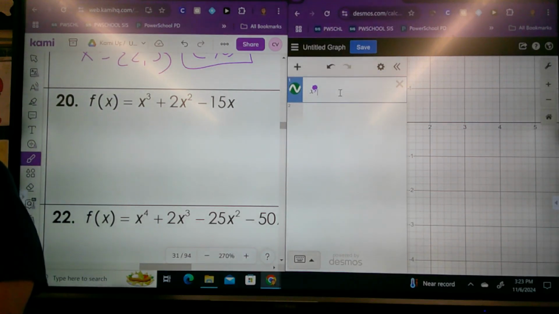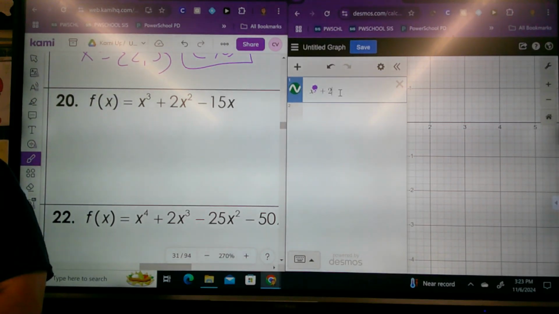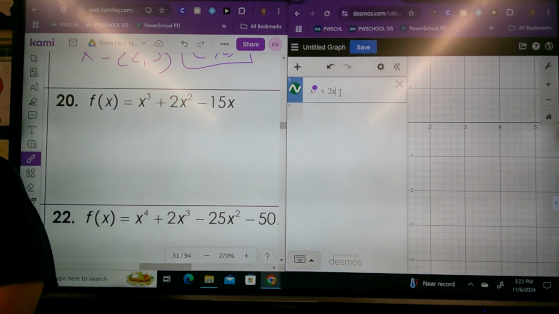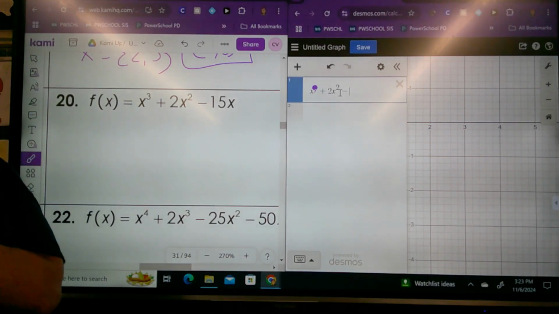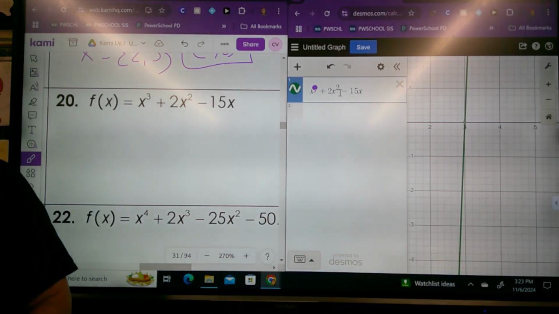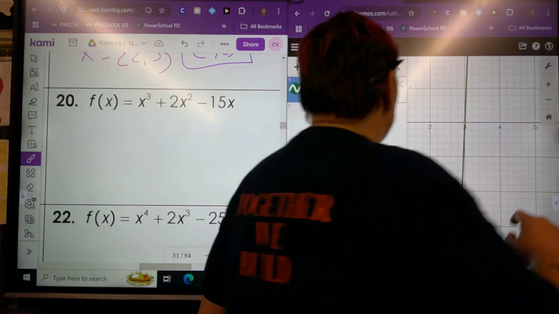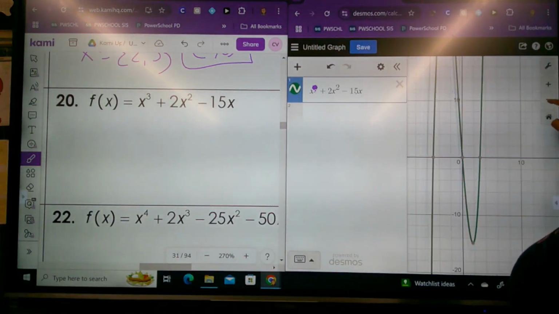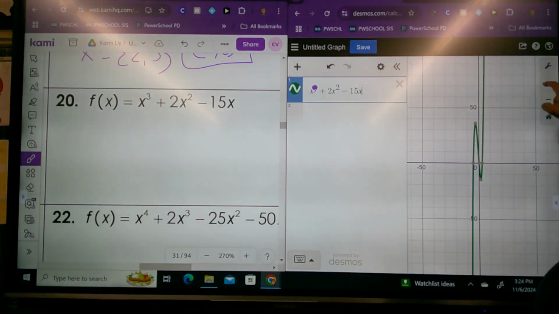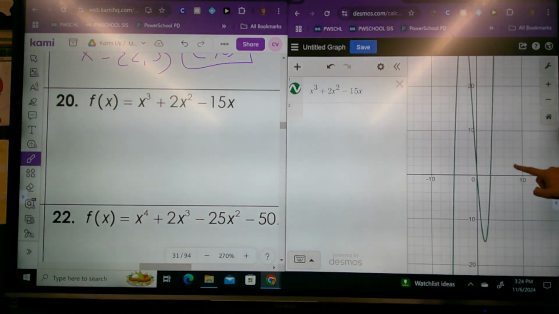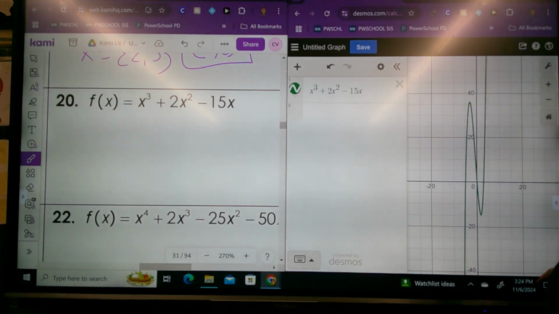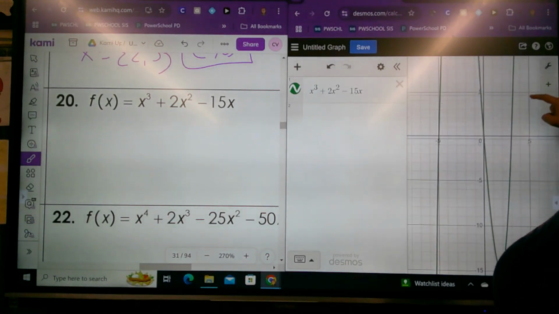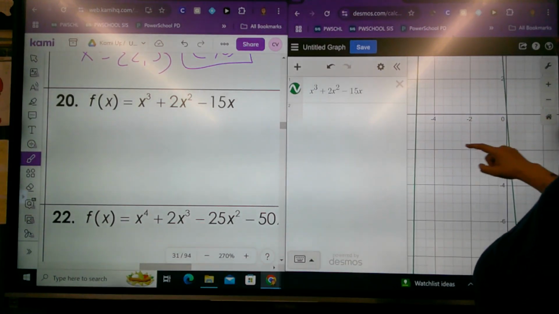Plus 2x squared minus 15x. That's interesting. I wonder what that's going to do. Oh, it made that funny shape in the middle. Is that what cubing it does? Interesting. Anyway, it crosses the x-axis 3 times, so I need 3 answers.